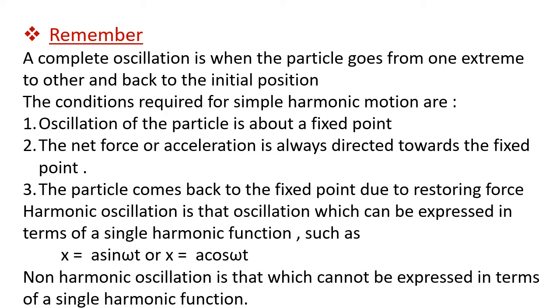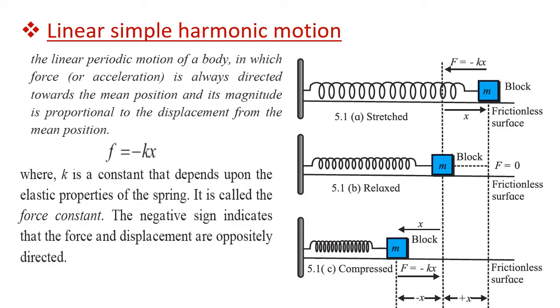Now let us try to get some idea about what simple harmonic motion means, or what is the actual meaning of linear simple harmonic motion. Let us first get the definition of that.